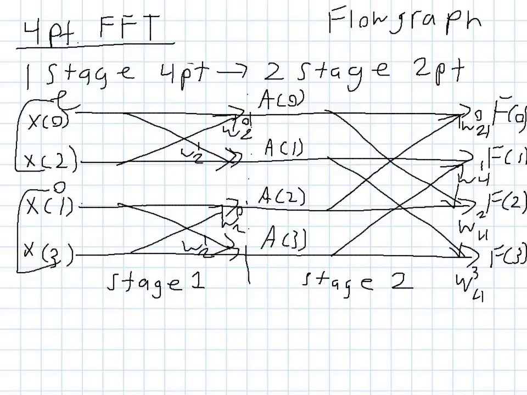So our bit 0 here is eventually going to become over here. Our bit 1 is going to be this one, and so forth.